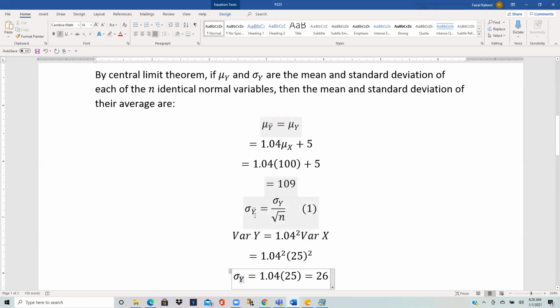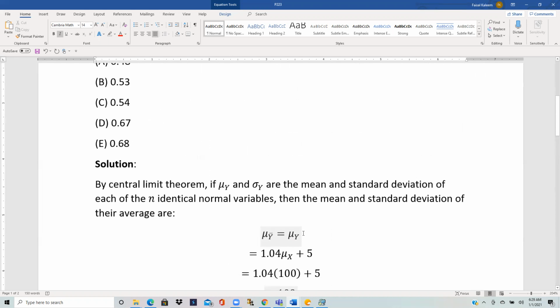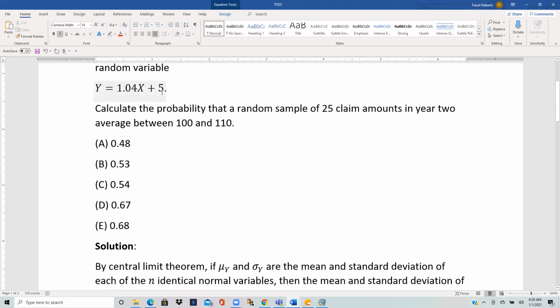Sigma of Y bar, again by central limit theorem, is sigma Y divided by square root n. So let's first calculate the variance of Y. Y is 1.04X plus 5. You know that the variance of aX plus b is equal to a squared times the variance of X, and the added or subtracted constant doesn't affect the variance.